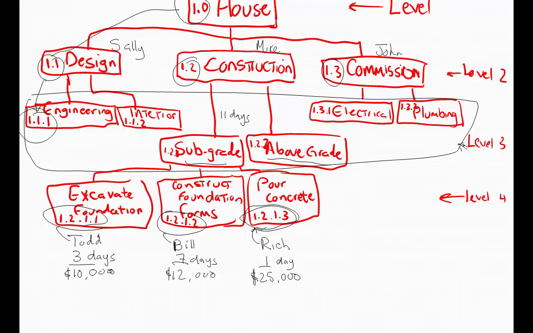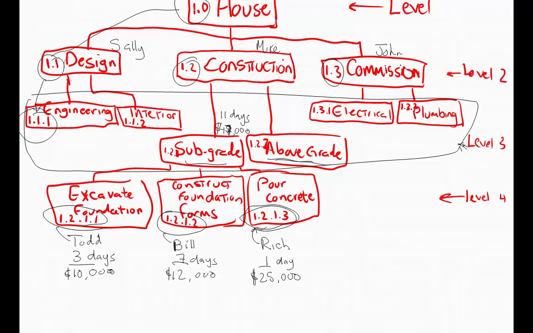It's going to cost us $25,000 plus another 12. That's $37,000 plus another 10. We're at $47,000 for the subgrade deliverable. Then you could do the same for your other sub-deliverables.